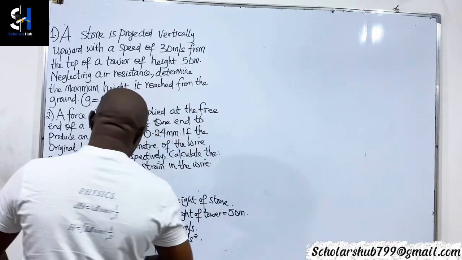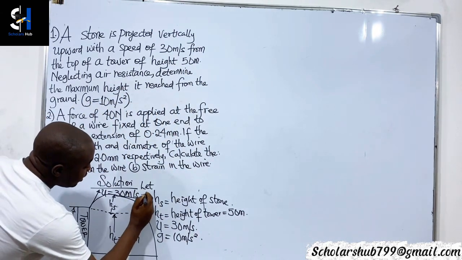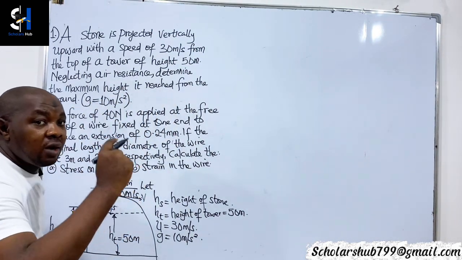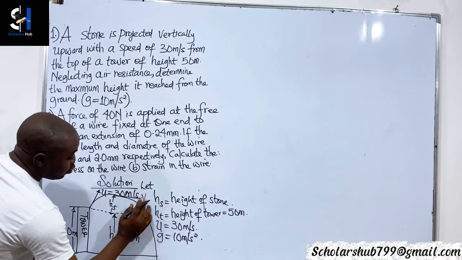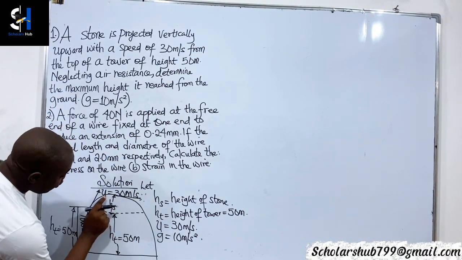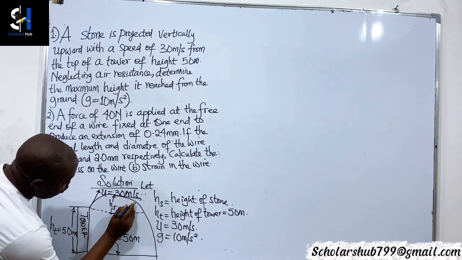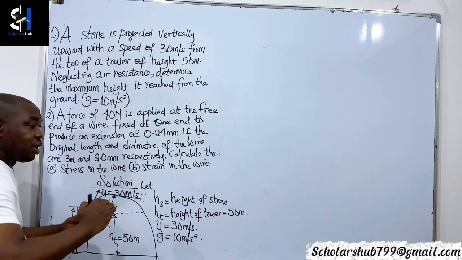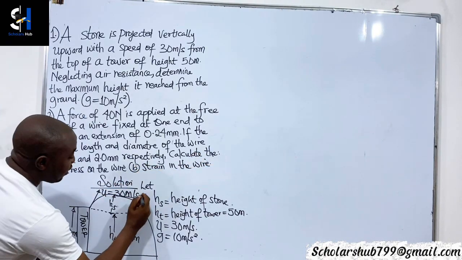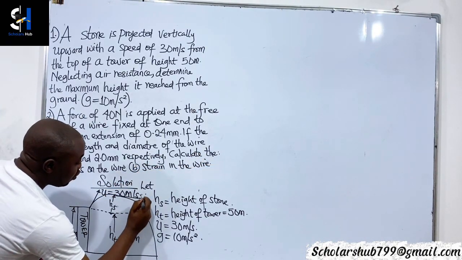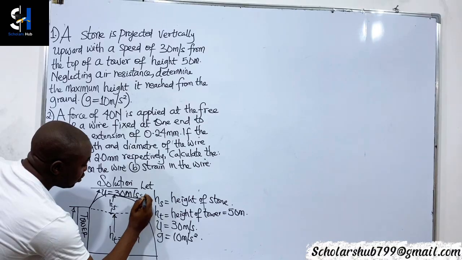So in this case, the final vertical velocity, v, will be equal to 0, where the parabola is flat. So the value of v will be equal to 0 at the maximum height.